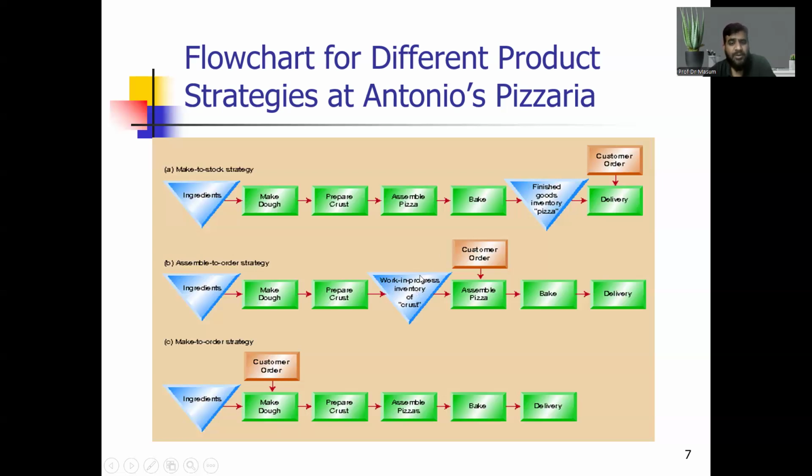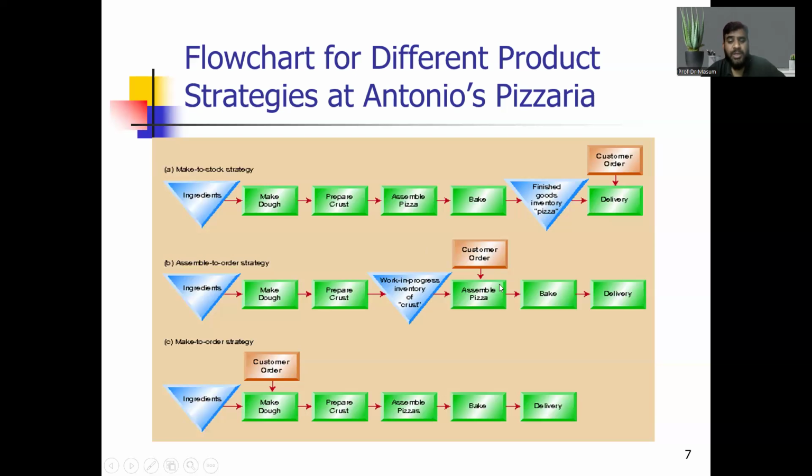Maybe the customers are ordering more cheese or extra cheese. Maybe they're demanding something that is not available in the stock. They're demanding beef and chicken together.